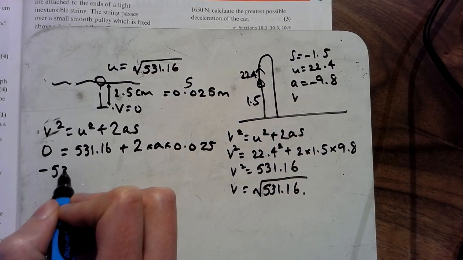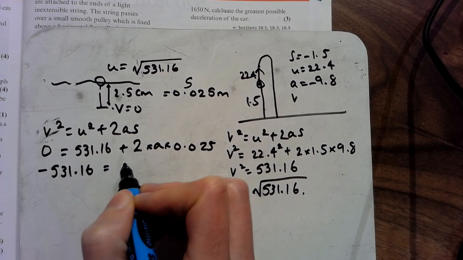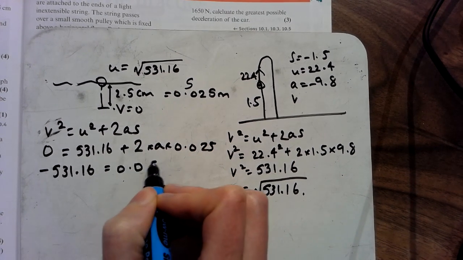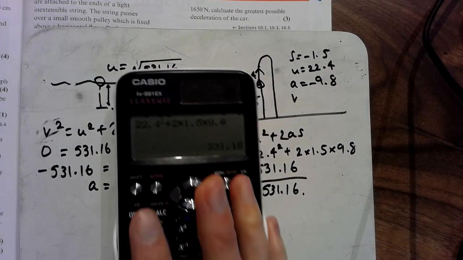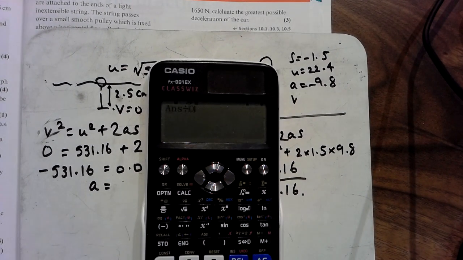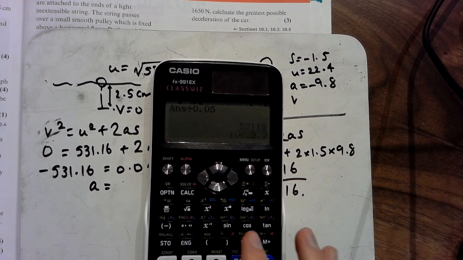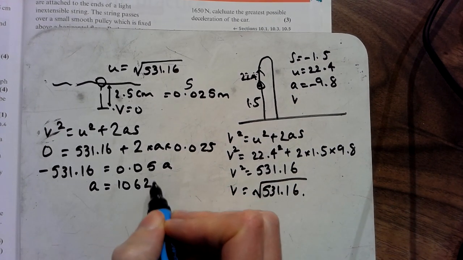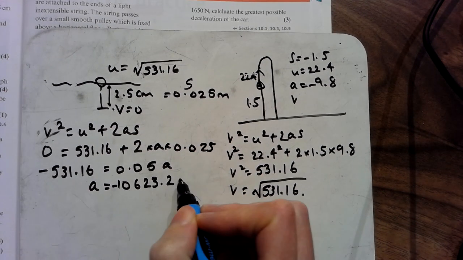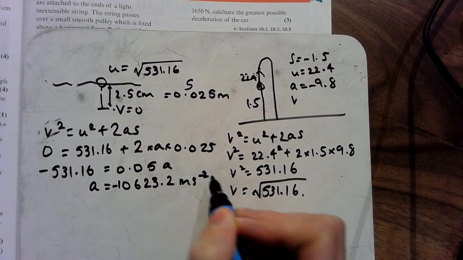So minus 531.16 equals 0.05A. So A is 10623.2 meters per second squared. It's negative because it's decelerating.